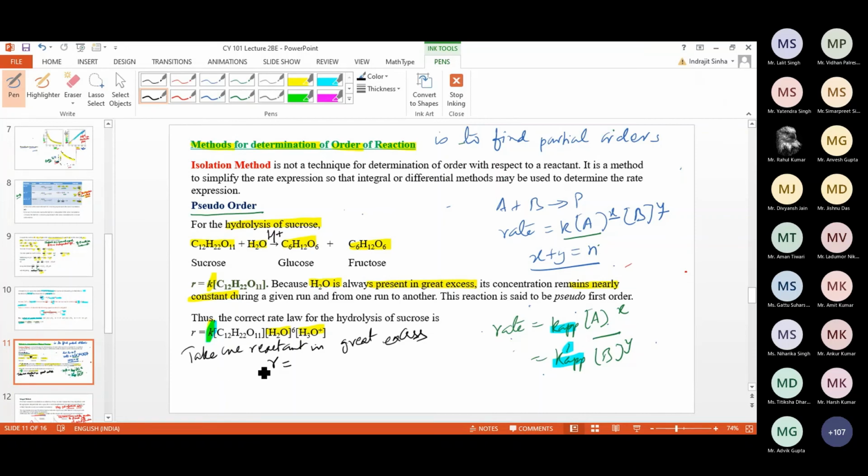If you do that, then the concentration of that particular reactant is not changing. Suppose B is in great excess.